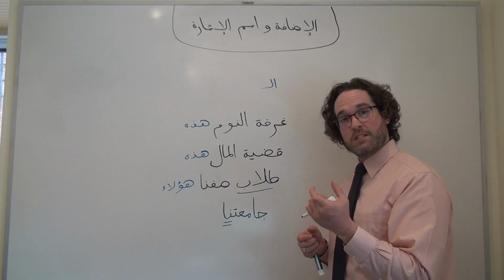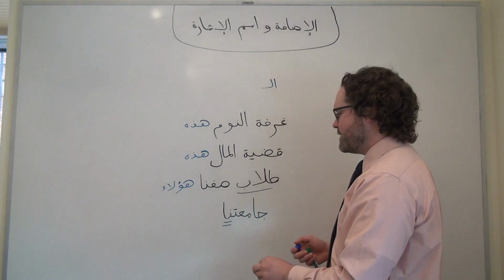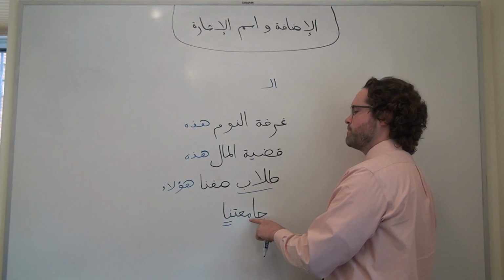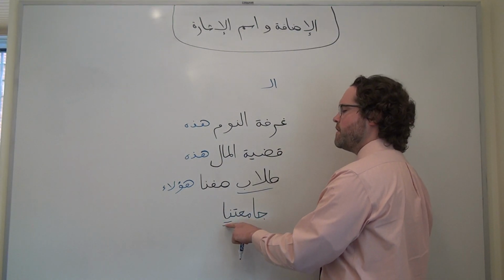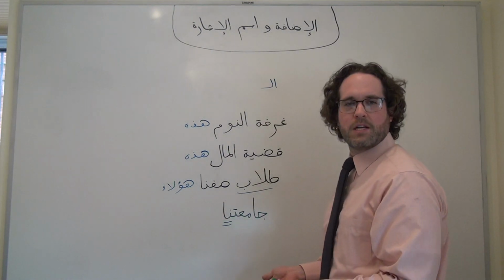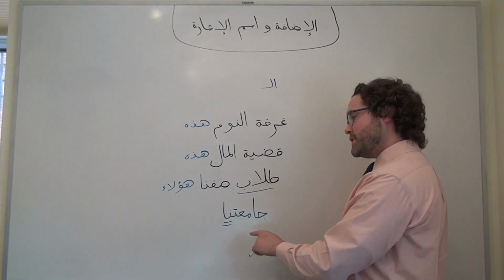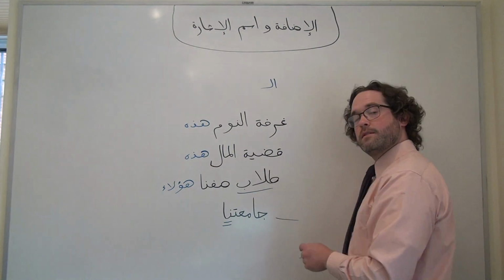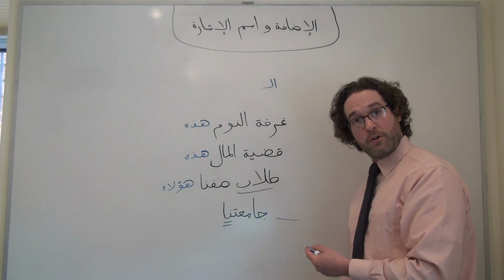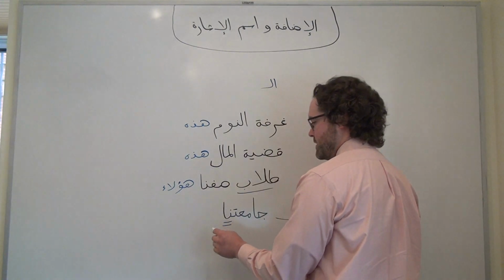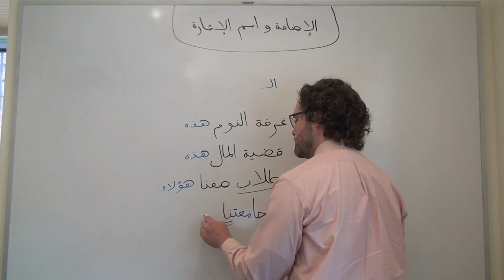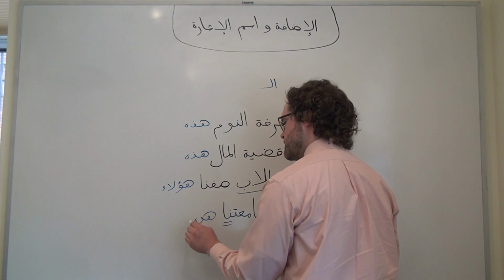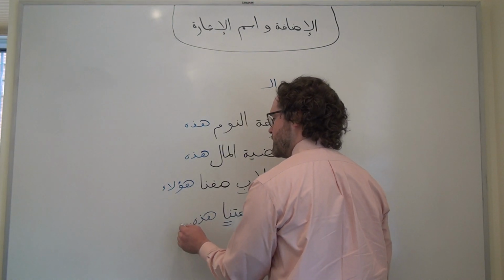Every time you attach a possessive pronoun to a noun, technically we're saying something like the university of us, meaning of course our university. But because technically it is an iDaafa, we still can't put the demonstrative pronoun first. We have to put it at the end to say this university of ours. جامعتنا هذه.